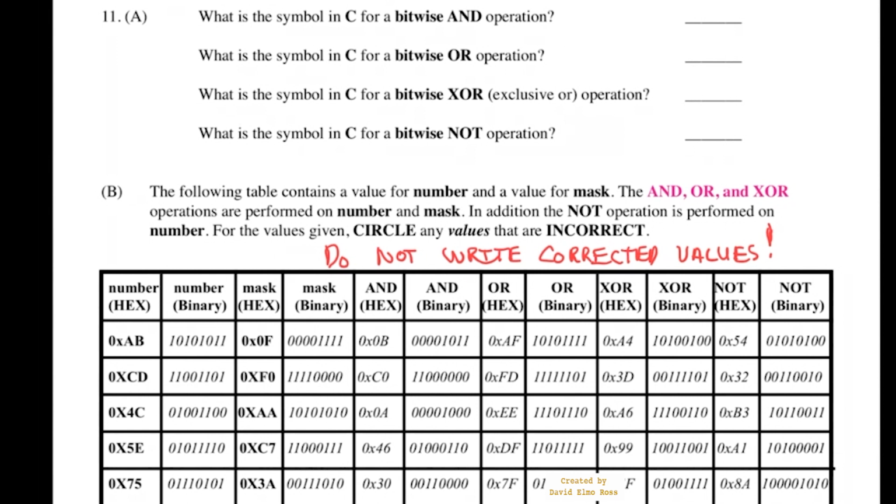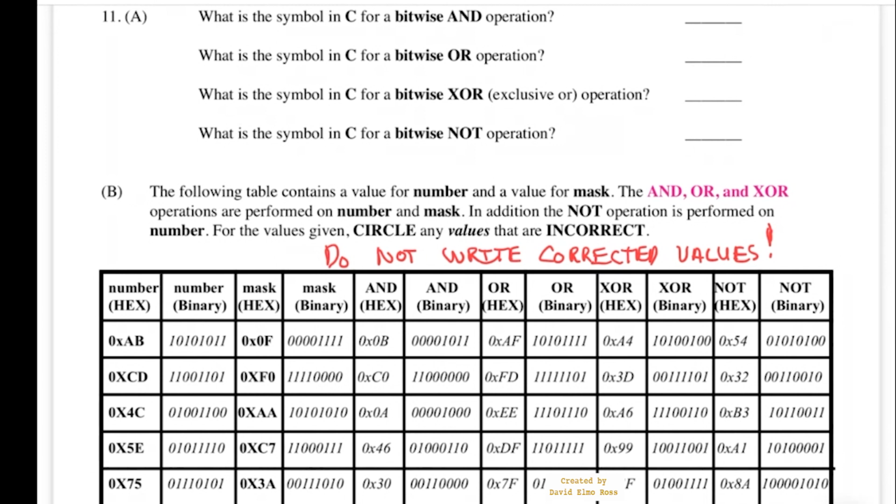So for this last question, what you have to do is use the stuff that you've got from before. Anything that's in bold is correct. This is correct. Now, what it's really asking is, if this number here is not the same as the AB, then circle it. Well, it is AB, so we're not going to circle that because that's fine. The 0F: is this number here the same as 0F?